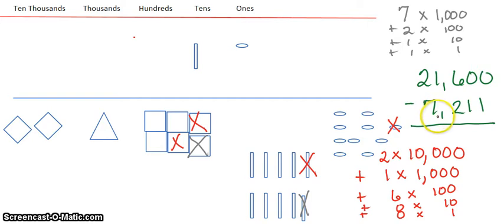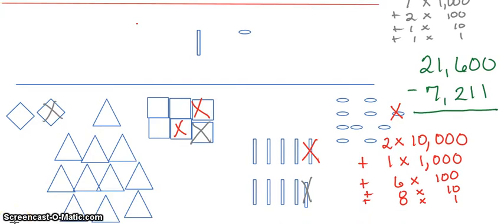I can take away, oh, I'm stuck, right? I don't have 7,000s or more for me to take away the 7,000 in the number 7,211. So guess what? I have to borrow again. So now I'm going to borrow from the 10,000s place. I'm going to take one of these 10,000s and break it up into 10 1,000s.